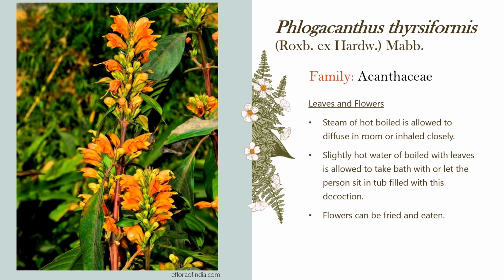So what people do is, when there is somebody with fever or cold or cough, the leaves are boiled and the steam is let to diffuse in the house. So that way the whole steam gets diffused in a large area, or in other cases the steam can be directly taken.